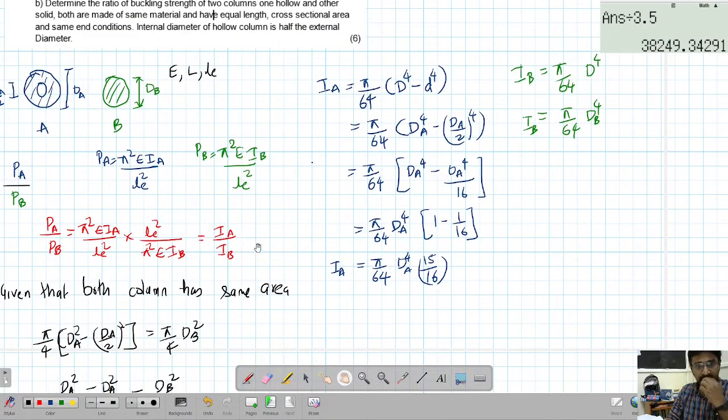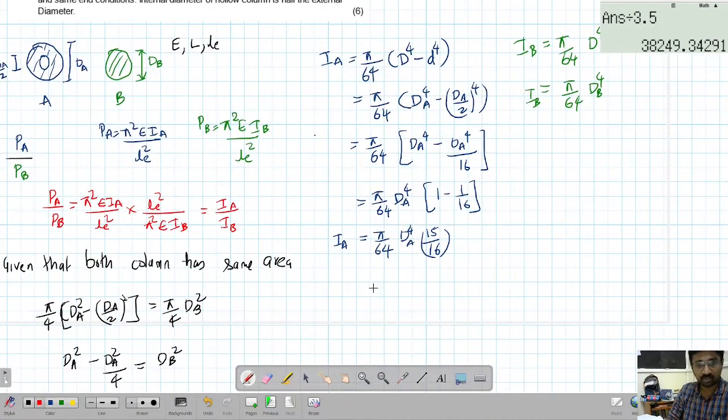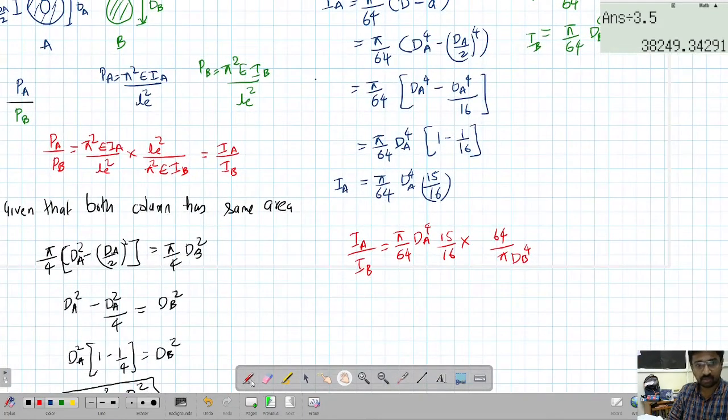Our IA by IB, IA we have here, IB we have here. Now what is IA by IB? Let's say IA upon IB equal to pi by 64 dA to the power 4 into 15 by 16, into 1 by IB, which is 64 upon pi, inverse, into dB raised to 4, right? So now we can cancel out some of the common factors.